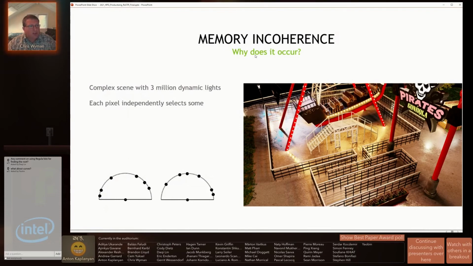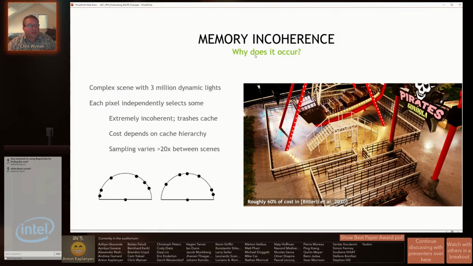When you do this independent sampling per pixel, you get bad cache performance. It thrashes the cache. When we analyzed the performance of the original algorithm, roughly 60% of the cost in this scene was due to cache thrash. And as we started looking across all of our scenes, we realized that the sampling cost of ReSTIR could vary up to 20x.